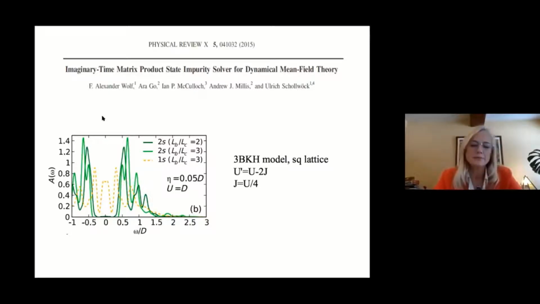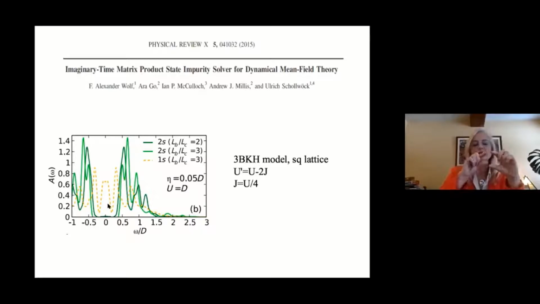Here are the applications for the three-band Kanamori-Hubbard model, and this is quite impressive because they have three bands. What is called one site means the three bands in a single site, which shows a metallic behavior.